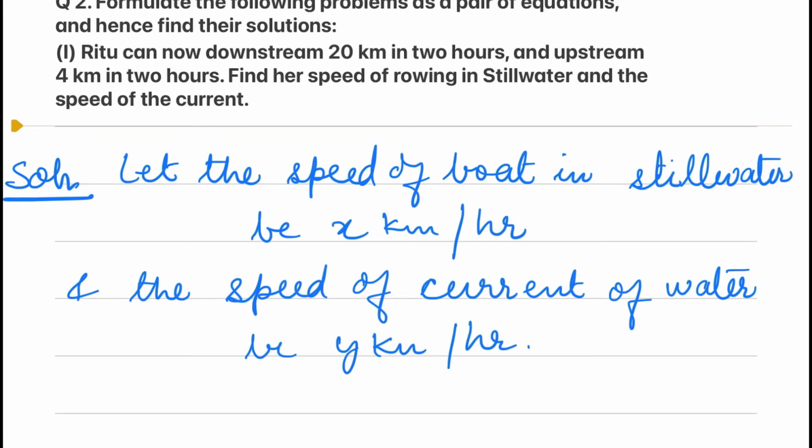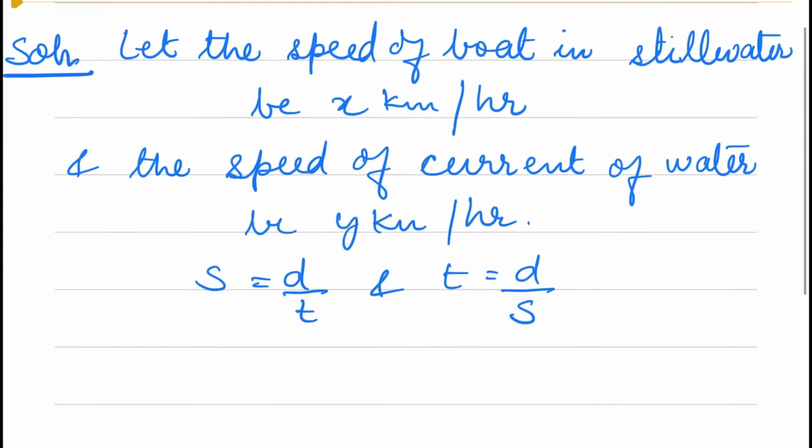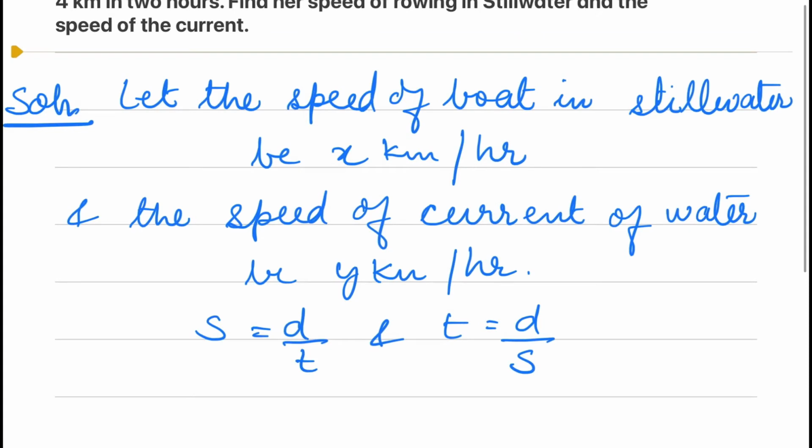So as here they have given the time, so we will have to compare the timings. So now as we know, speed is equal to distance by time and therefore time is equal to distance by speed. So now we can say that downstream, when it is going downstream, both the speeds are added, so it moves faster, right?